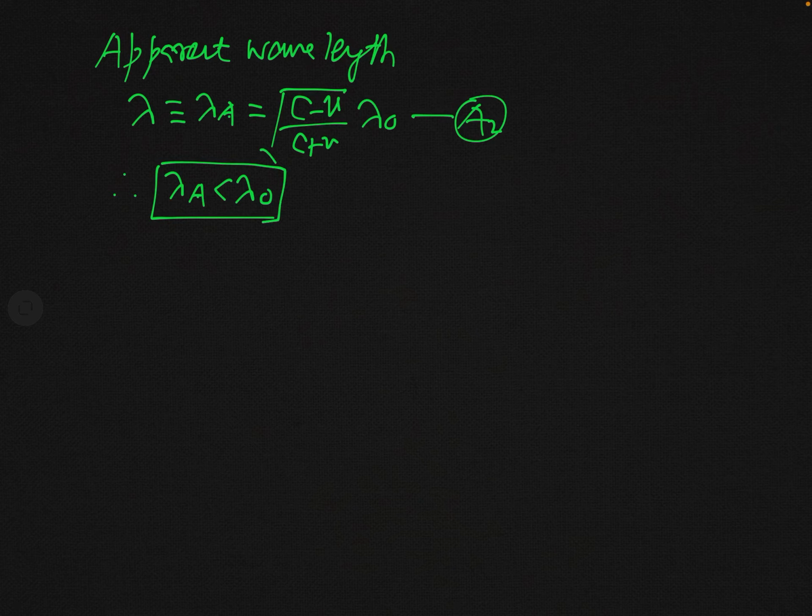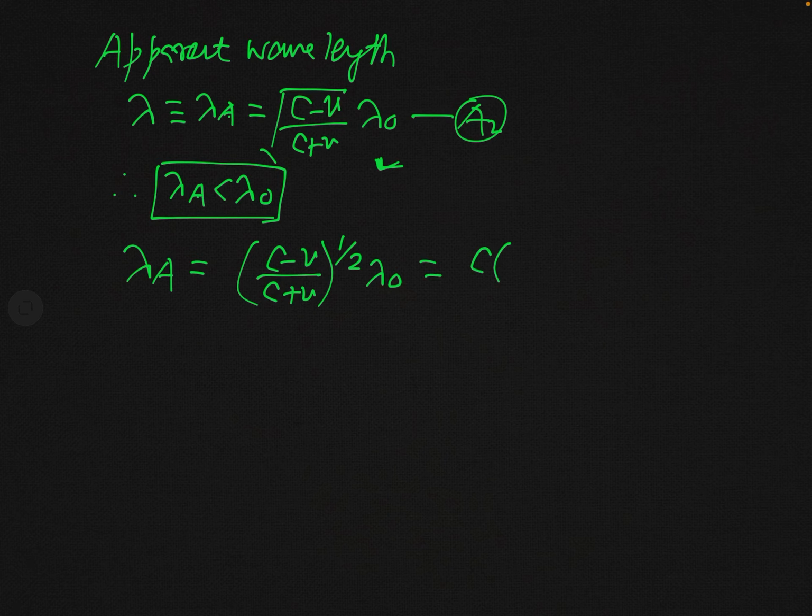Now actually we will obtain a very important formula by taking into account this expression for the apparent wavelength in case of approach. Let us simplify this result to some extent here. As you can see, lambda A is equal to c minus v over c plus v whole to the power half into lambda naught.